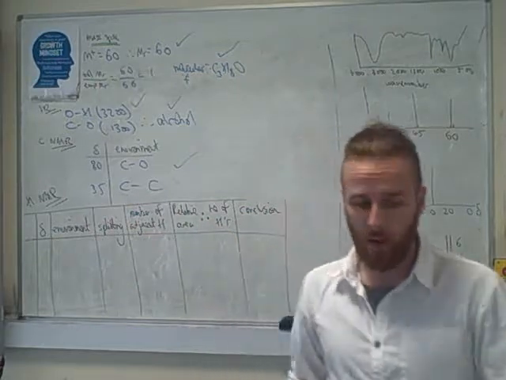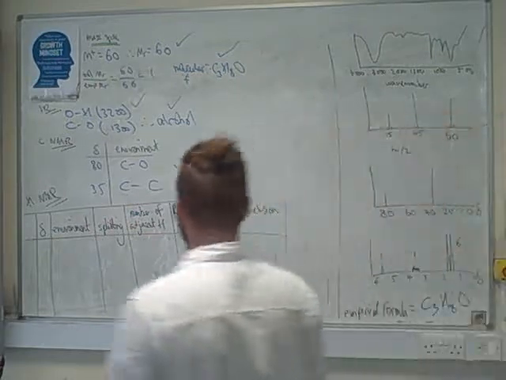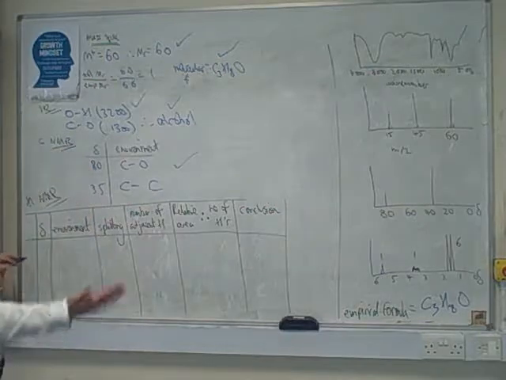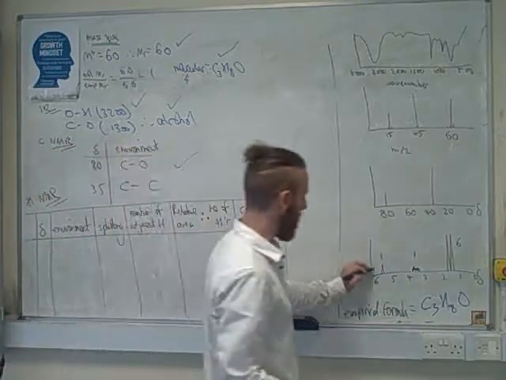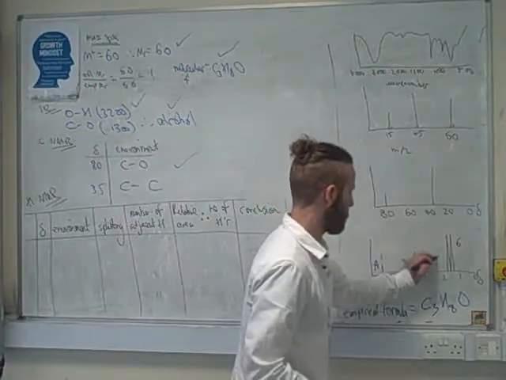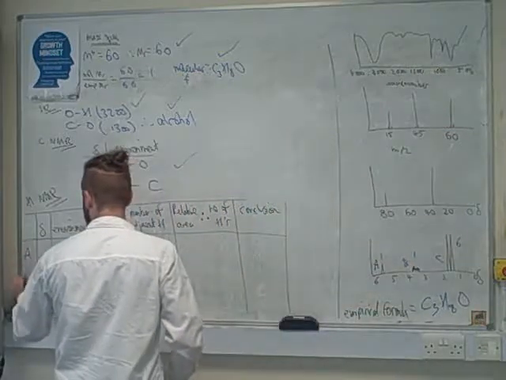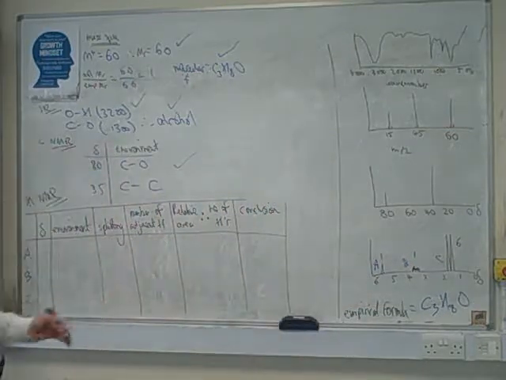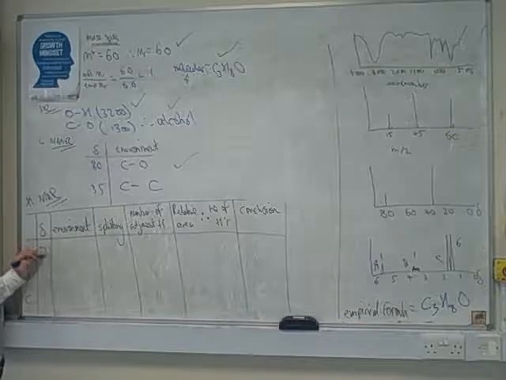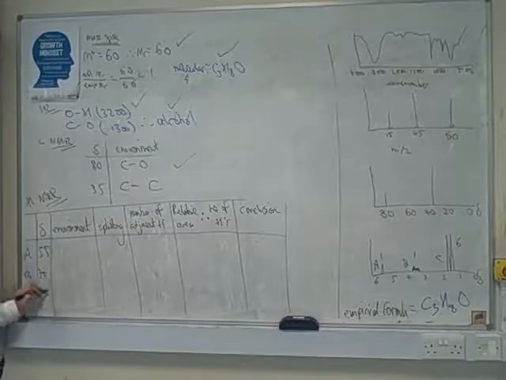Now we come to the NMR table, a lot of marks here. Write down what we know, start from the left. So we've got peaks A, B and C. Chemical shifts are 5.5, what's that, 3.5 and 1.4.